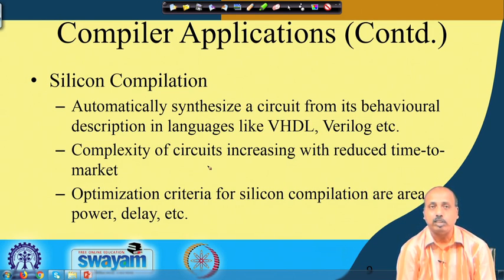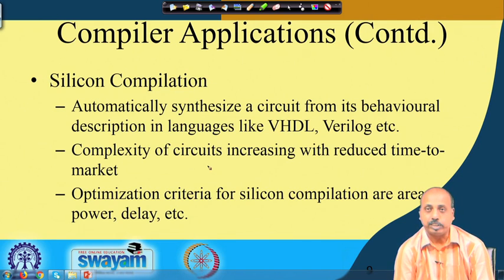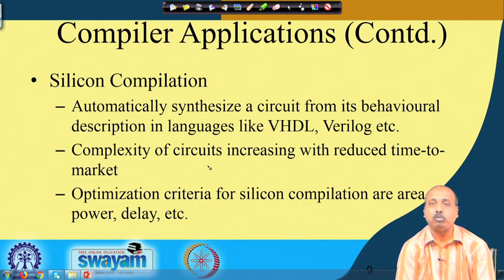So, we want to reduce this area, power and delay. The measures that we have are totally different. So, a compiler which is targeted towards, say, machine code generation will not do well if you put it onto a silicon compilation process. The challenges are totally different.